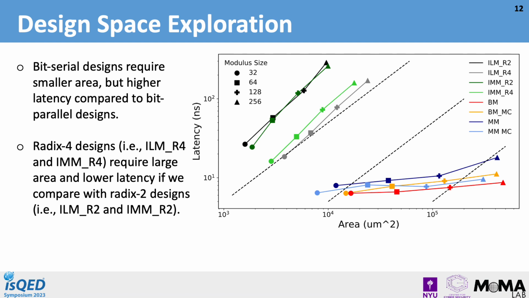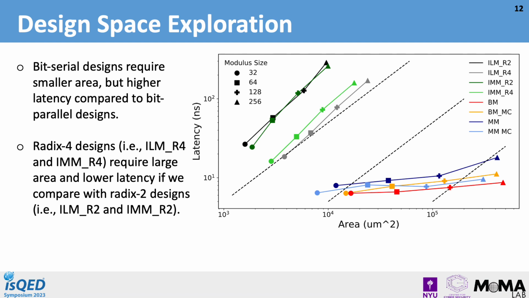There are 3 main observations from this figure. First, bit serial designs require smaller area but higher latency compared to bit parallel design. Second, Radix 4 designs require large area and lower latency if we compare with Radix 2 designs.